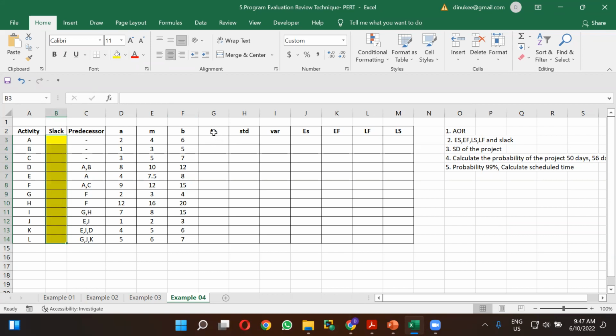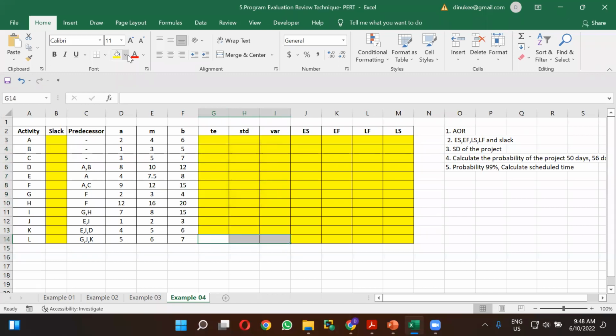And they are asking to calculate expected time, standard deviation, variance, which we normally calculate in the PERT calculation. In addition to that, they are asking to calculate the early start, early finish, late start, late finish, all these things.